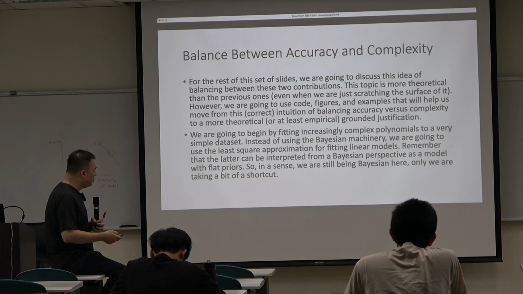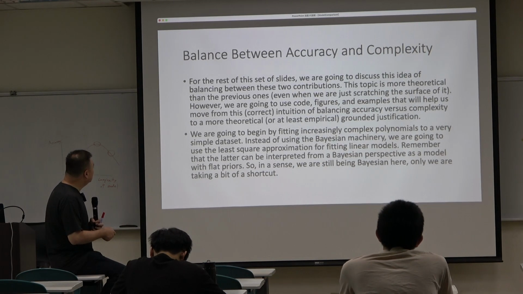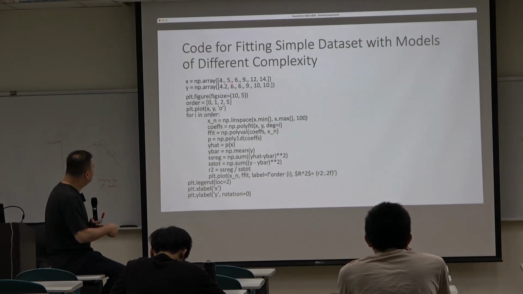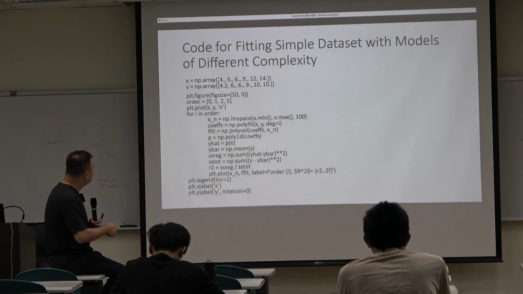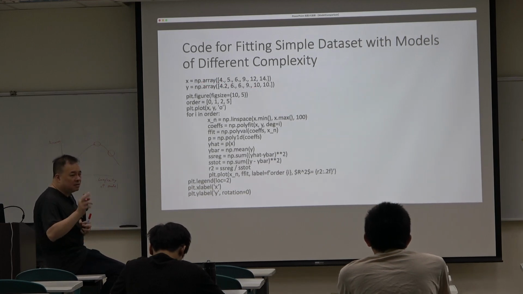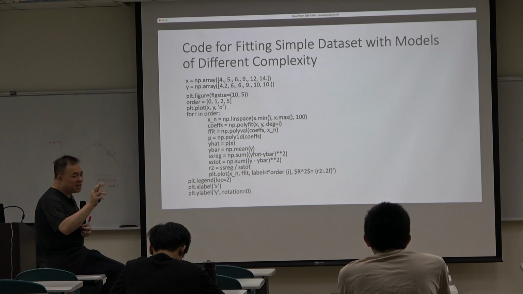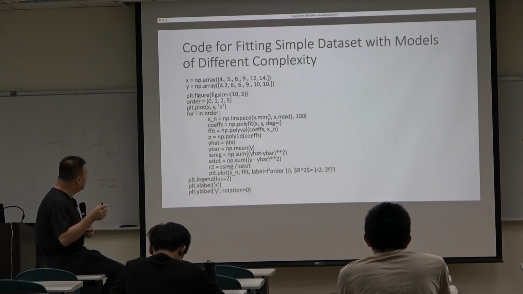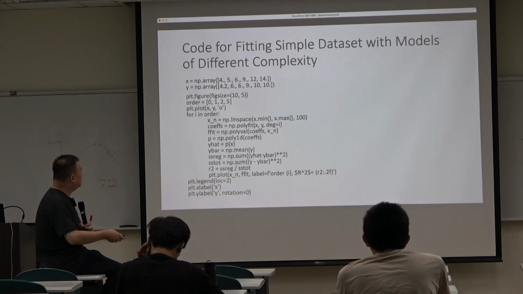So here we go. Here we have 1, 2, 3, 4, 5, 6. We have 6 points, 6 pairs of x, y values. So this is a very, very simple data set.